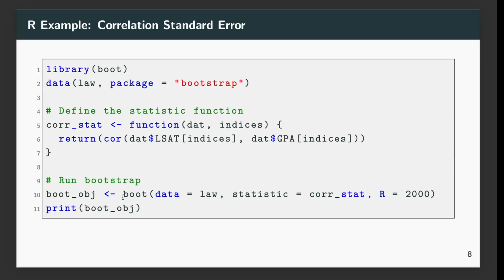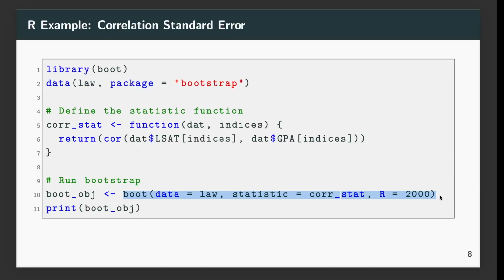Then we run the bootstrap using the boot function, where data is equal to law and the statistic is based on the cor stat function that we wrote here, and we run 2000 replications. Because we didn't specify sampling with replacement, it is assumed by default that it will sample with replacement.